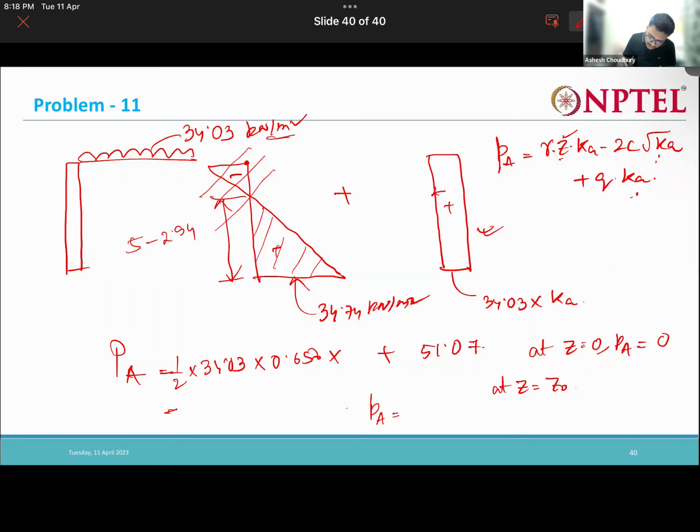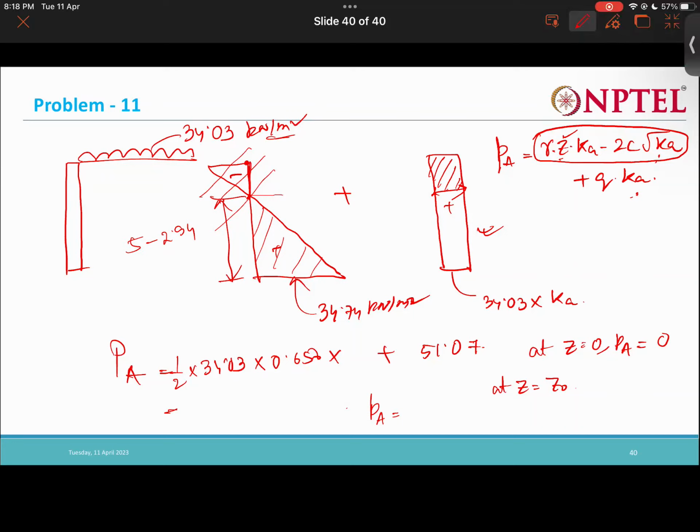Yeah, so just this part will be coming, right? At Z equal to Z naught, this portion is 0, isn't it? So up to this level, only this part is coming. Completely this part we are getting 0 only, right? This portion is not coming into consideration.